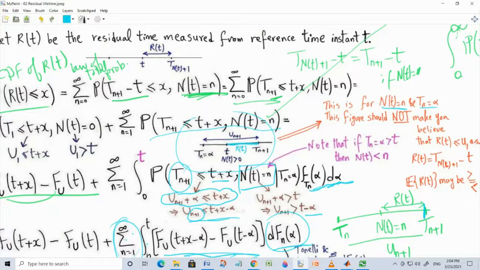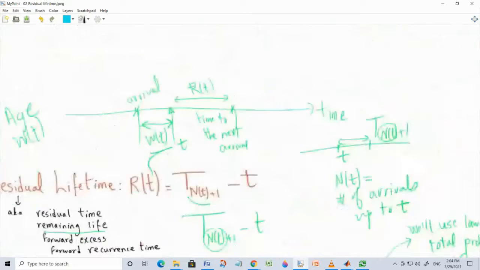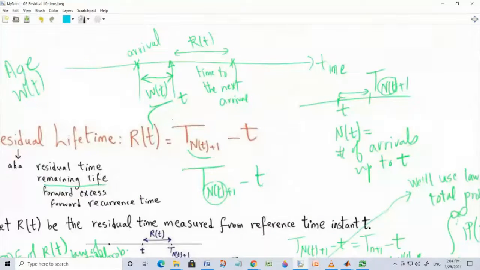It gives you the impression that if I arrive at a bus stop, then the time I wait till the next arrival is less than the time between two successive arrivals. Wrong, because we do not define the residual time like this.